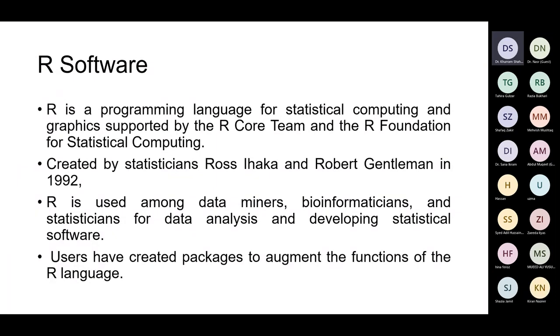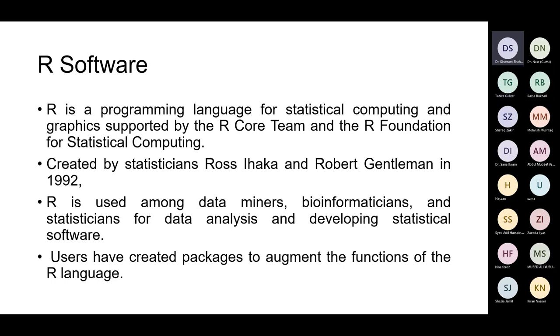R is a programming language for statistical computing and graphics. It was developed by the R Core Team and the R Foundation for Statistical Computing. Ross and Robert, two statisticians, developed this software in 1992, and it is coding software. R is used by data scientists, bioinformaticians and statisticians for data analysis and development.